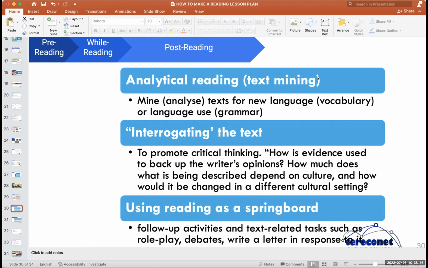So if we're real with each other, this is the only practical thing we can do. We analyze the text for new vocabulary and for grammar. Just 1 point for each lesson, just 1 point is good enough. For vocabulary, maybe 5 or 7 words.